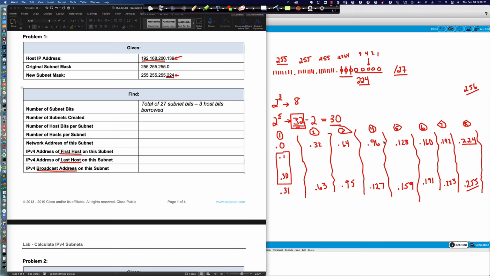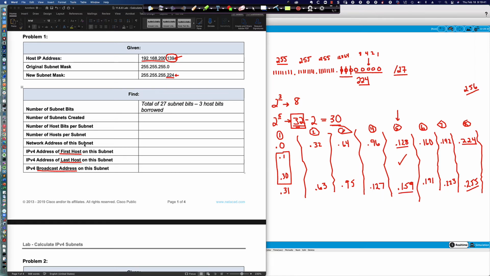So now we look at our different subnets here, and the question we ask is, in which subnet would I find the host IP 139? Well, it's going to be in the 5th subnet right here. And so now we have all the information we need to answer the question.